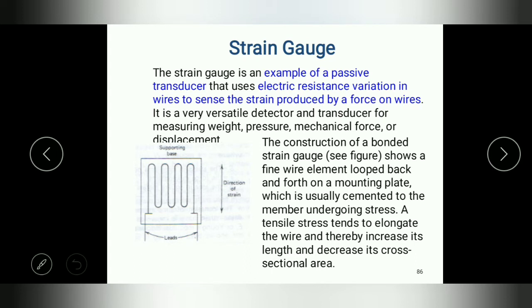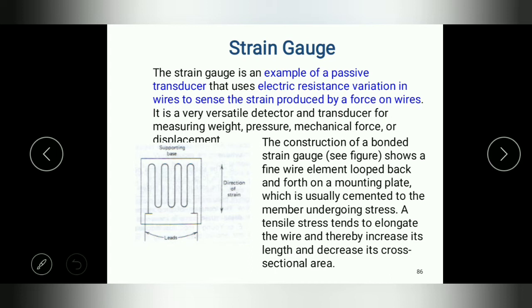This is how a strain gauge is used to measure the strain or deformation which has happened to a particular material. The strain gauge is an example of a passive transducer that uses electric resistance variation in wires to sense the strain produced by a force on wires. So we have to provide an electric resistance across the wire, that is, it needs to be externally powered.